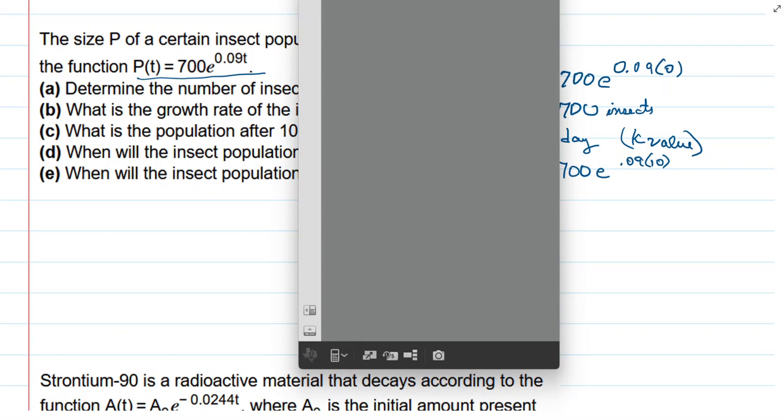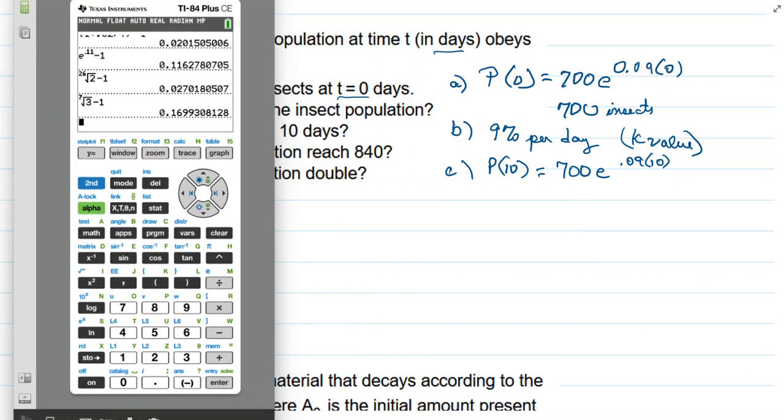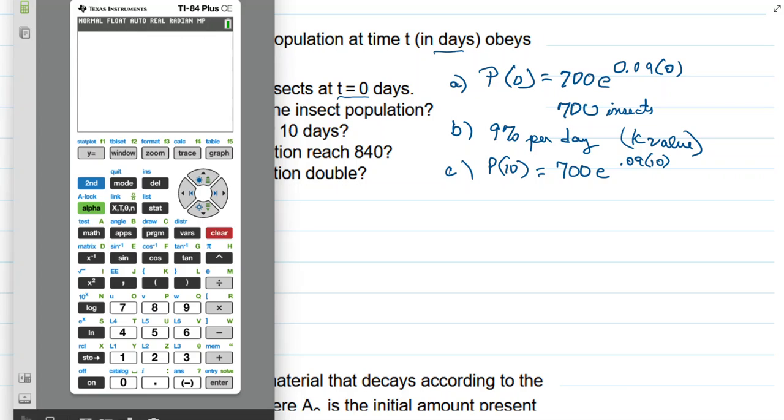There it is. I'm going to clear the screen and enter what I have: 700, second ln for e, to the decimal 09 times 10, and hit enter.